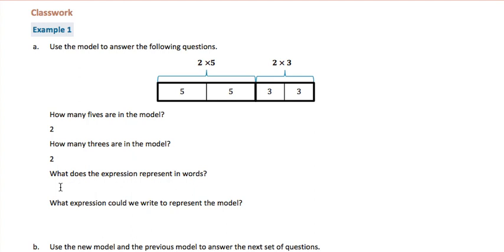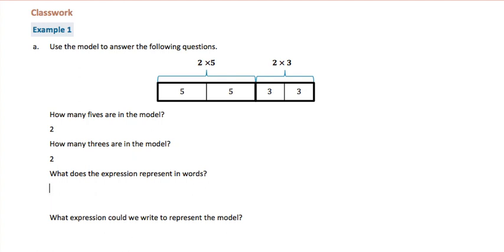So what does the expression represent in words? The sum of 2 5s, or I guess I should say 2 groups of 5, and 2 groups of 3.